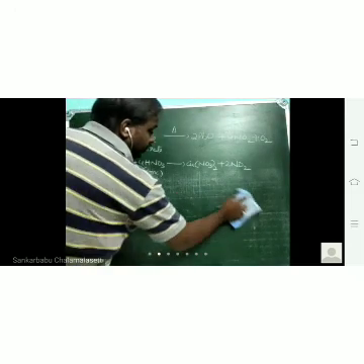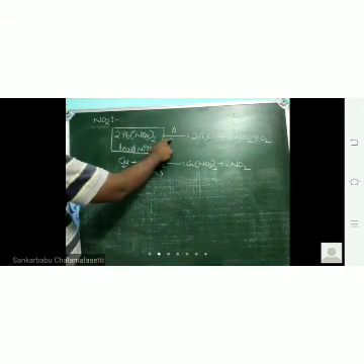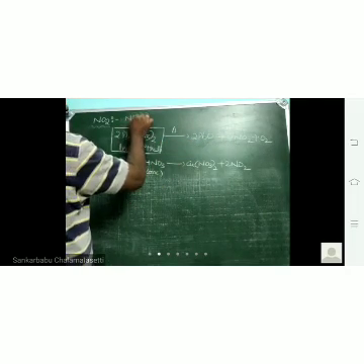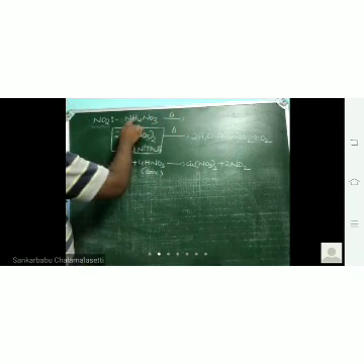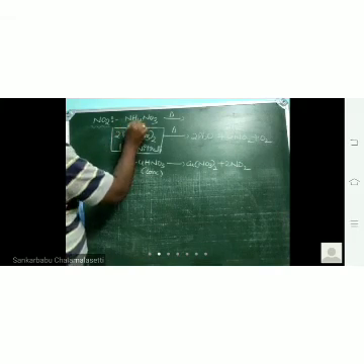nitrogen dioxide. Here you have to remember one important point: lead nitrate on heating you will get NO2. If you take ammonium nitrate on heating, when ammonium nitrate is subjected to heating, water molecules are removed. So here how many water molecules are possible? 4 hydrogens are there, 2 water molecules will be eliminated.